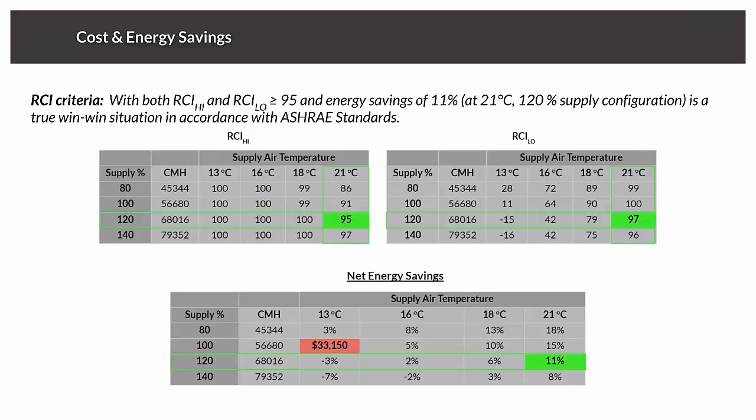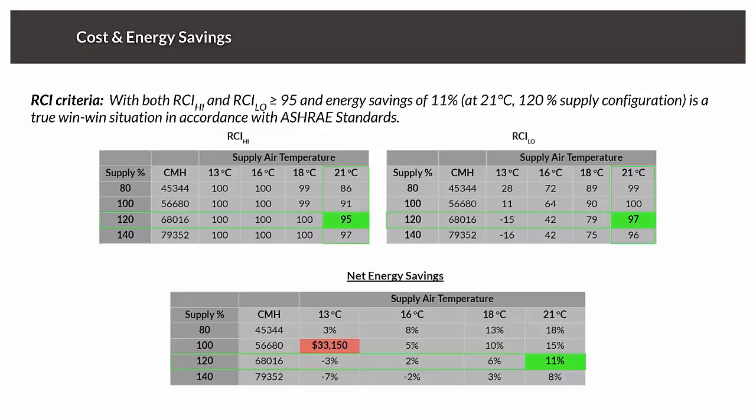If you overlap the RCI high and RCI low coefficients, we find out that there are only two possibilities that would match the requirements. That is the air supply at 120% or 140% at 21 degrees centigrade. Now, as a final step, we have a base calculation of the operation for a data center.